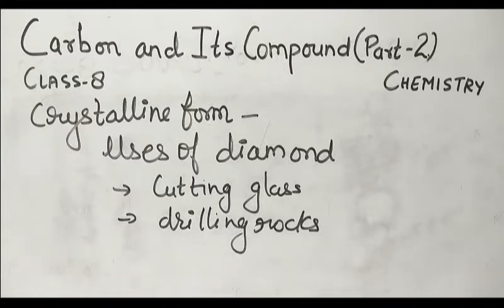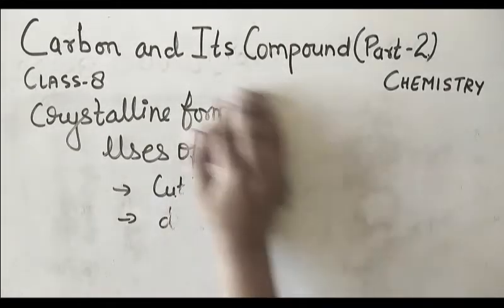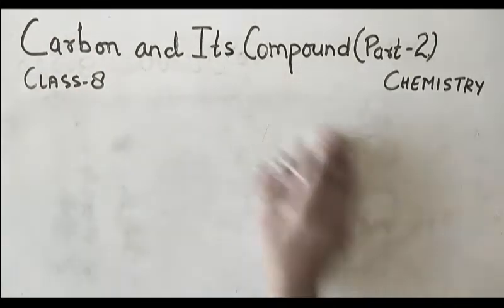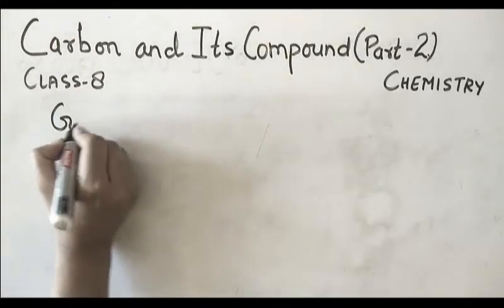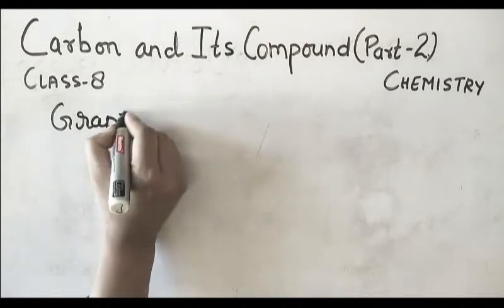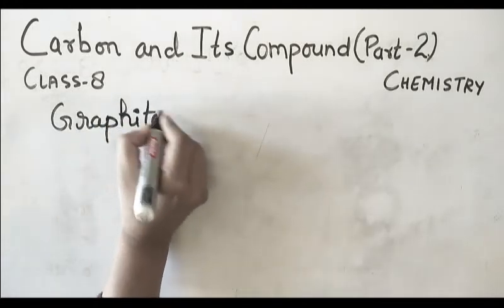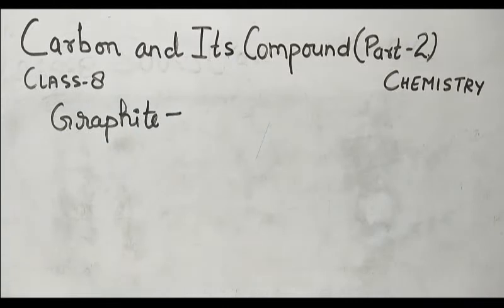Now let us see the other crystalline form of carbon, graphite. In diamond, each carbon atom is attached with 4 carbon atoms and forms a tetrahedral structure.